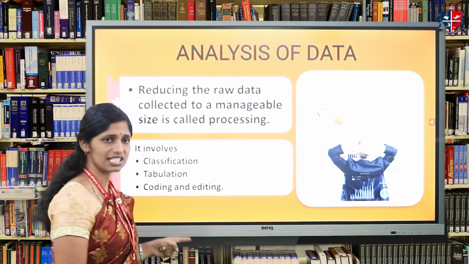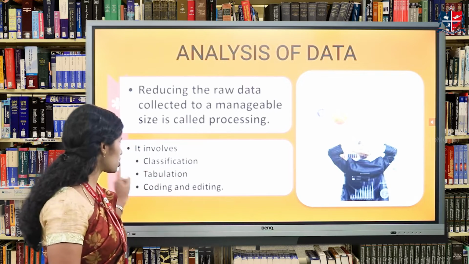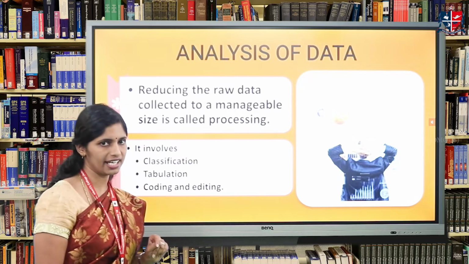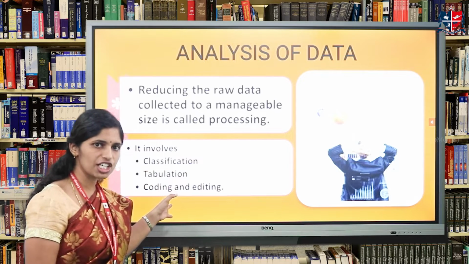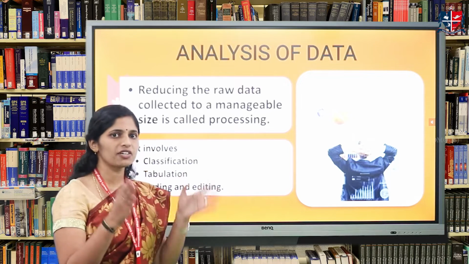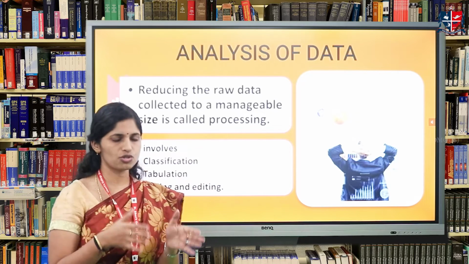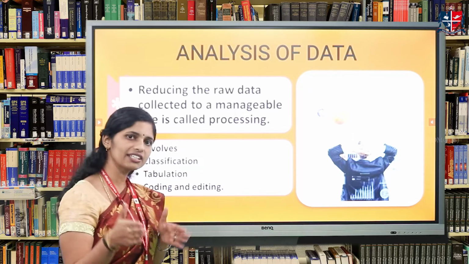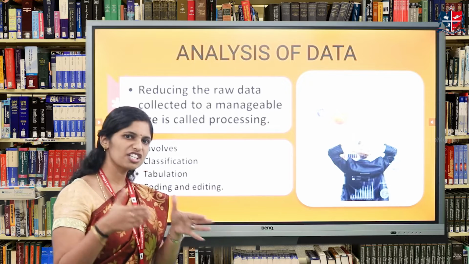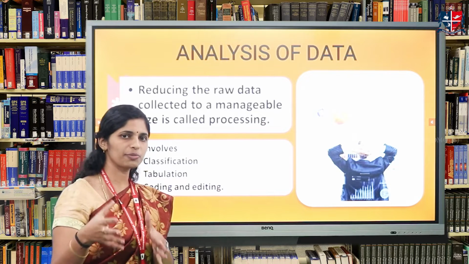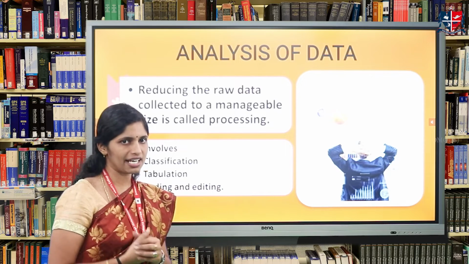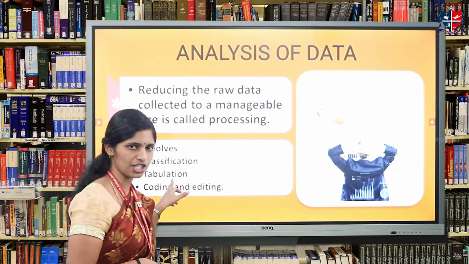It involves certain steps like classification, tabulation, coding and editing. Classification is a process in which we group the data into various sections or various groups. We divide the entire data into different groups on the basis of certain common characteristics. That is classification.